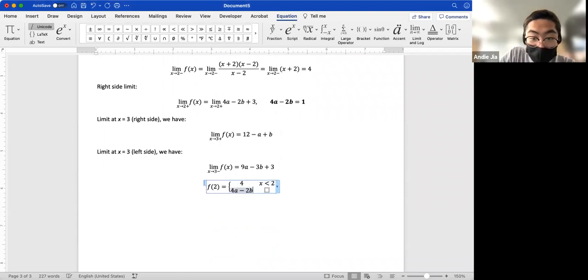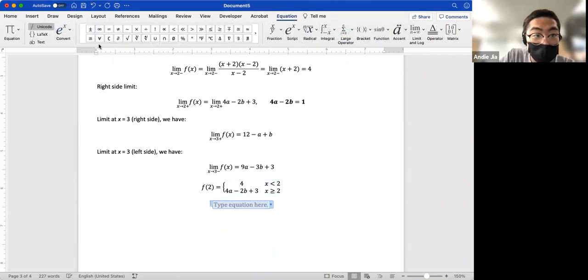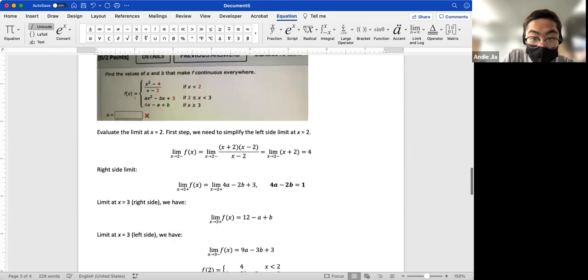4a minus 2b plus 3. And for x equals 3, it's also going to be a set of equations. Left side is going to be 9a minus 3b plus 3.